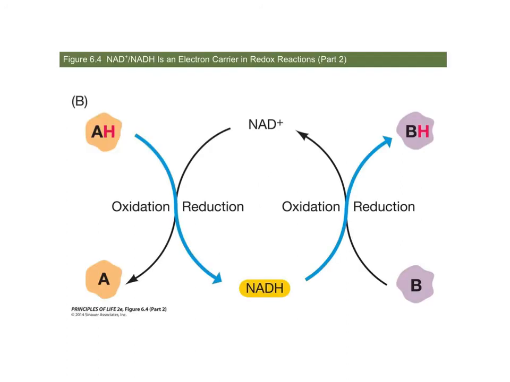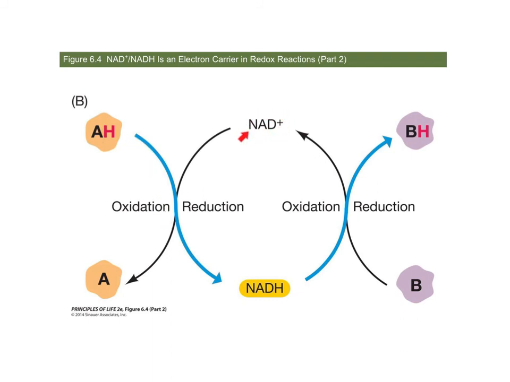So let's look at this cycle again. You have molecule A, which has a hydrogen group attached to it. As this molecule is undergoing a reaction, this coenzyme, NAD+, is going to help the process by taking this hydrogen away from the A molecule, and it is going to pick it up.